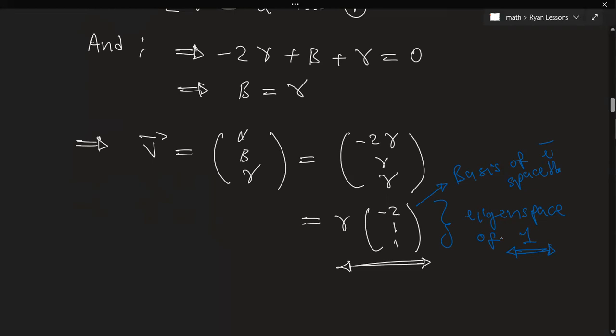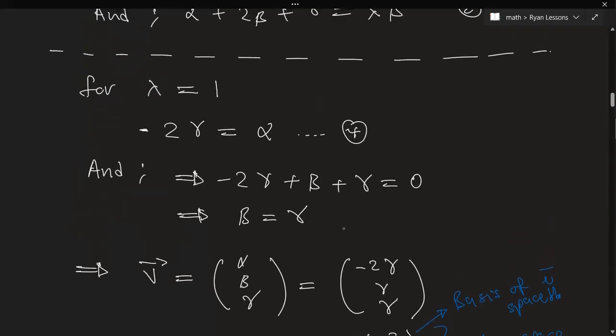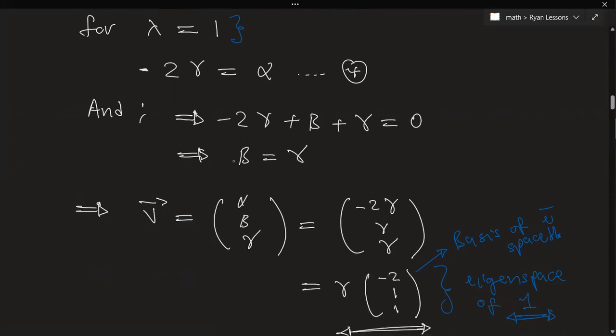Is that clear? I just want to ask, how would you say it's the eigenspace of 1, for example, not the eigenspace of 2? The reason I'm saying this is the eigenspace of 1 is because lambda was taken to be 1. If it was 2, it would be different.